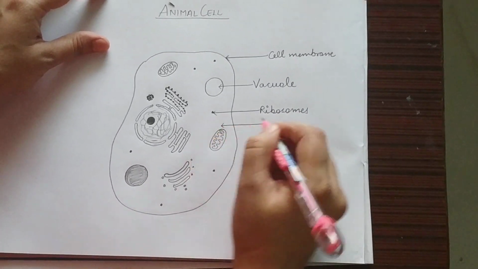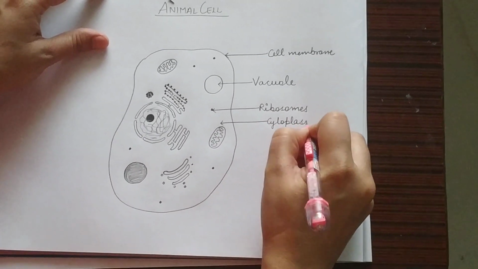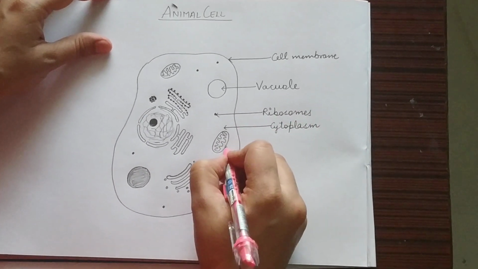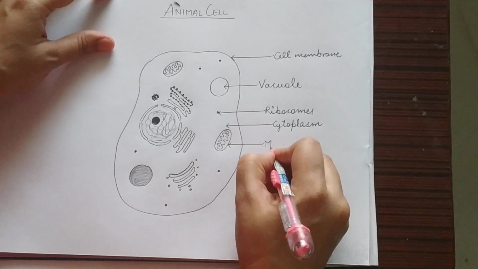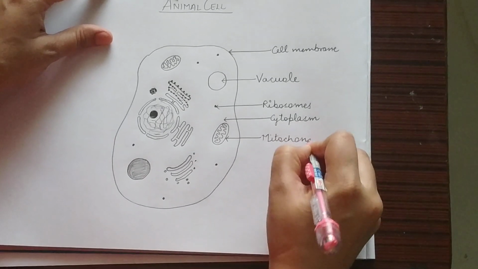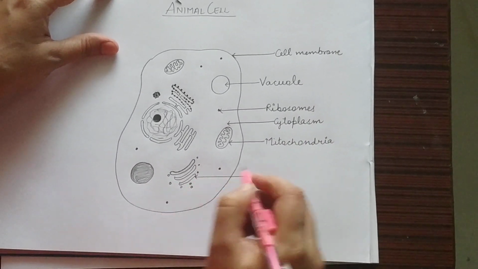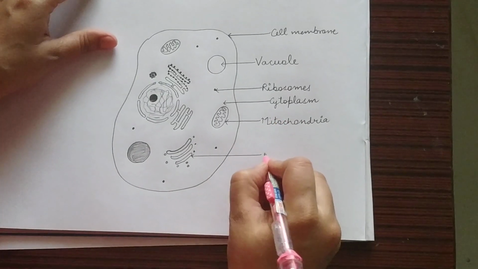This empty space is the cytoplasm. Mitochondria. Golgi bodies, also called as Golgi apparatus.